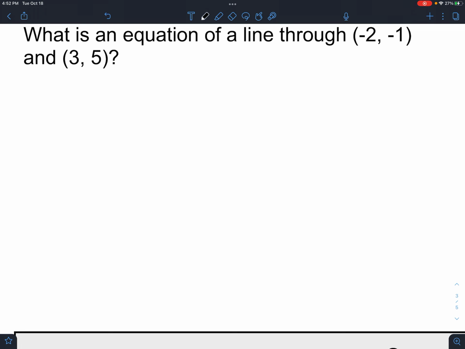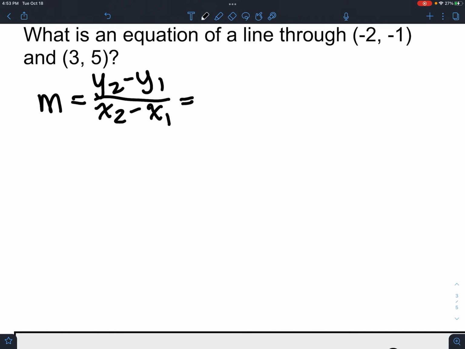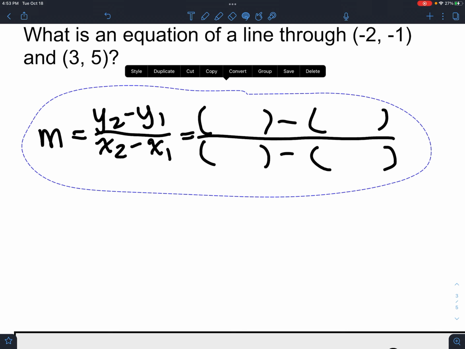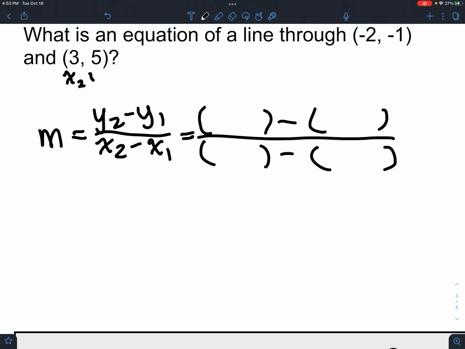All right. What is the equation of a line through 2 points? Well, we would have to do the slope formula again, unless you want to draw a picture and count the boxes. You could do that too, but that might take a while. Scoot this down a little bit so we can label our points.